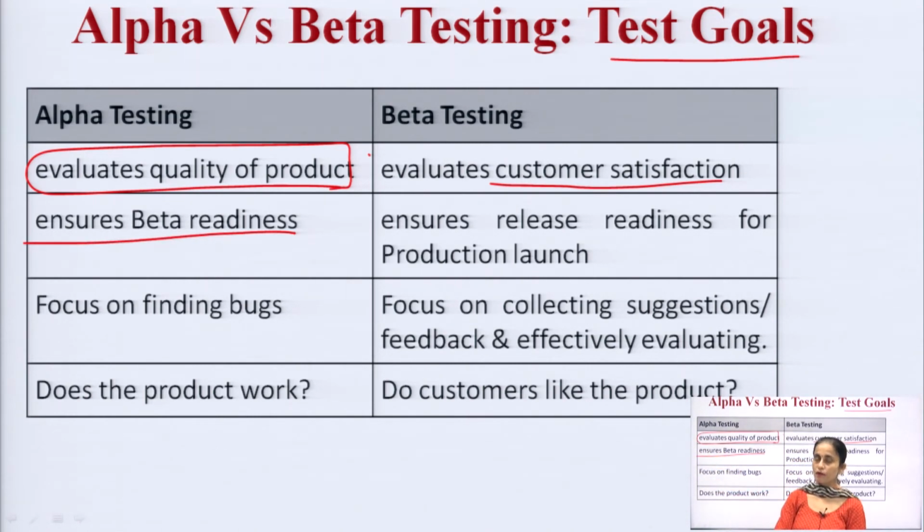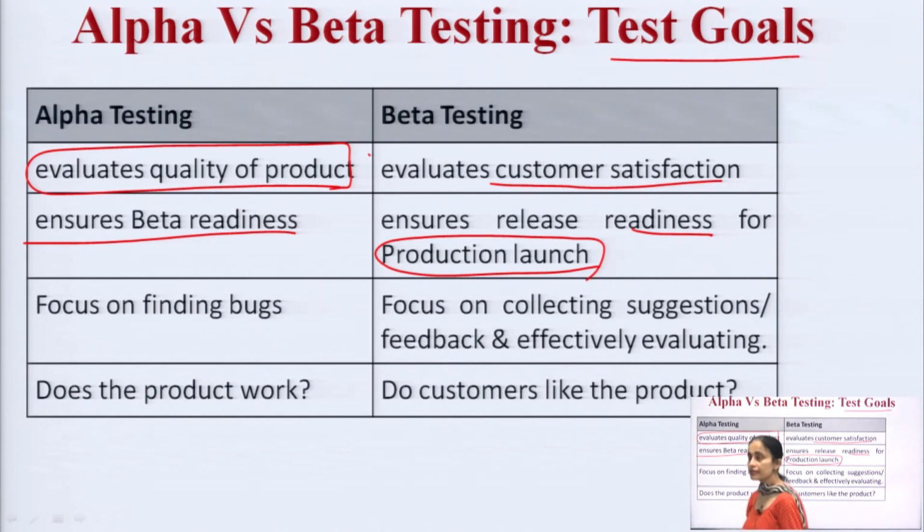Once alpha is over, we can proceed towards beta. Okay, now my product is ready for beta, and beta testing ensures the readiness of my product launch. Once we have done the alpha testing of the product, we proceed to beta testing. After beta testing, we can say that our product is ready for launch.